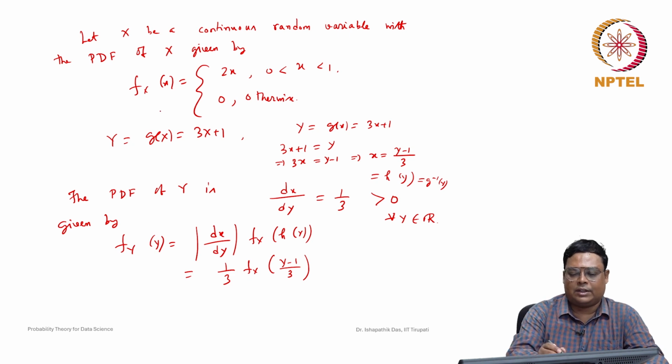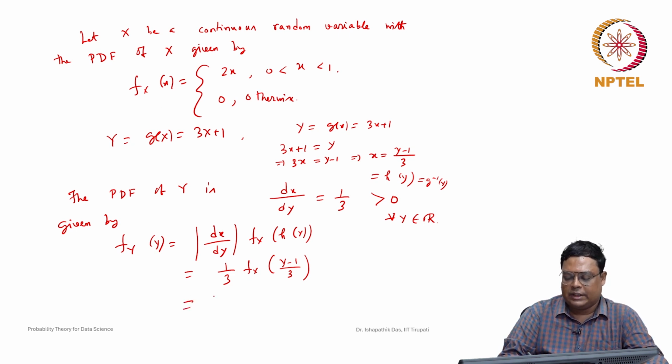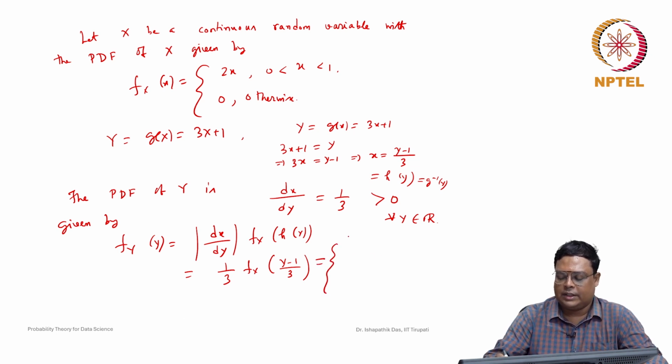So this is equal to 1 by 3 into 2 into x, where x is (y minus 1) by 3, whenever (y minus 1) by 3 is greater than 0 and less than 1, and this is 0 otherwise.